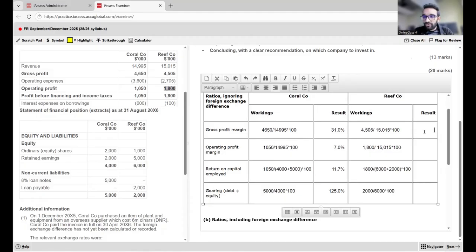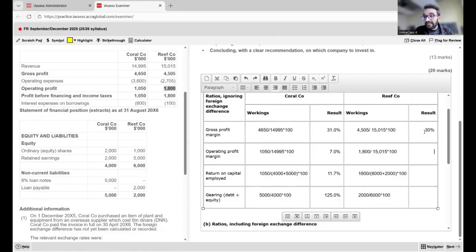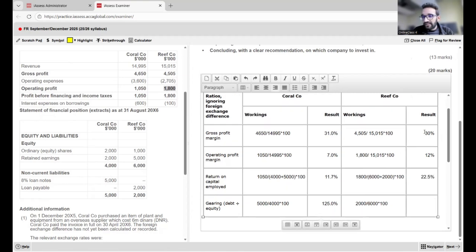Right? But when it comes to Reefco, they have 30%. Then they have 12%. Then they have 22.5%. And then they have 33.3%.